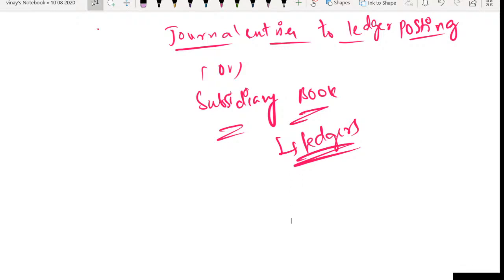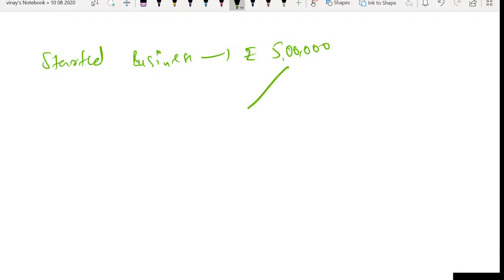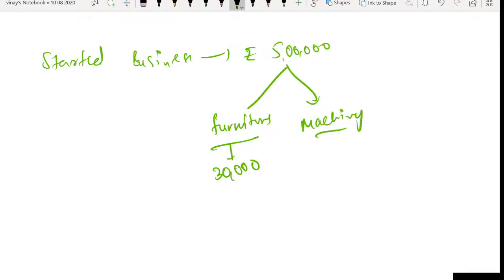Let's see. I'll take some transactions and start passing the entries. I'll just tell you a business model, then we will discuss that. For example, I started my business with rupees 5 lakhs. With this 5 lakhs, I went to the shop and bought furniture worth 30,000 and machinery worth 2 lakhs, and also bought goods for doing the work, goods worth 1 lakh.